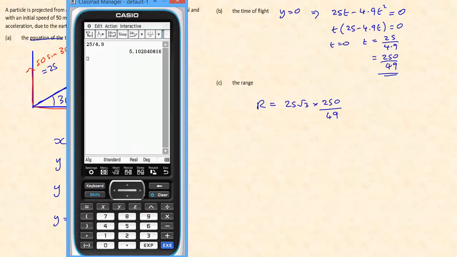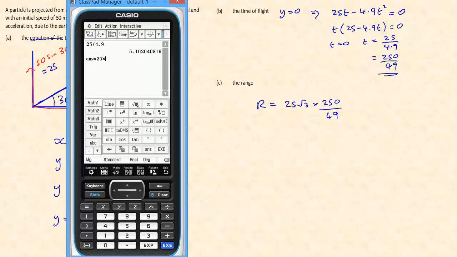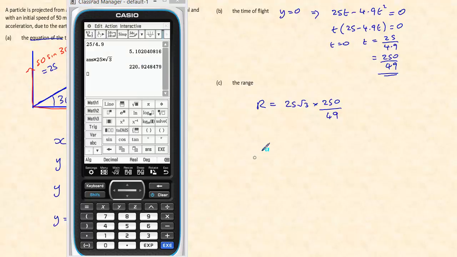And so we're going to do the previous answer multiplied by 25 multiplied by root 3. And probably best to get that as a decimal. So 220.9 meters to 1 decimal place.